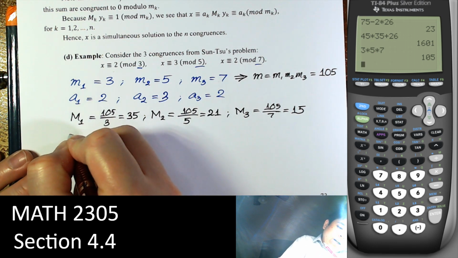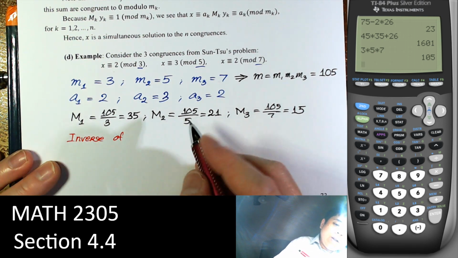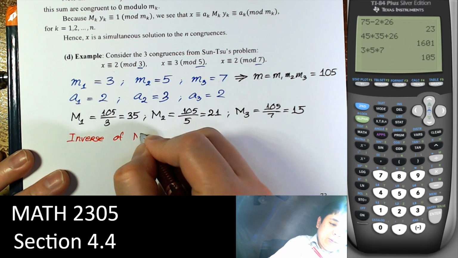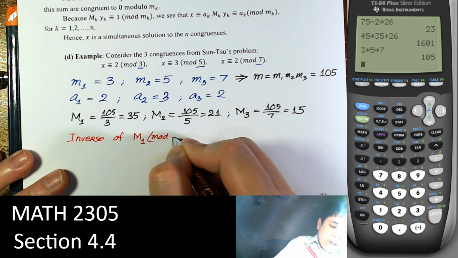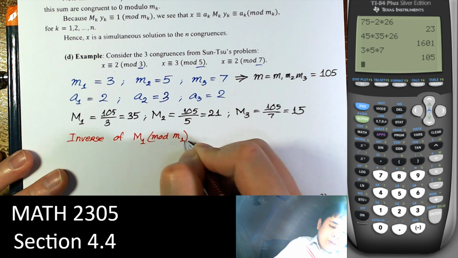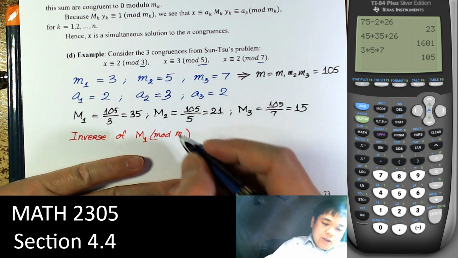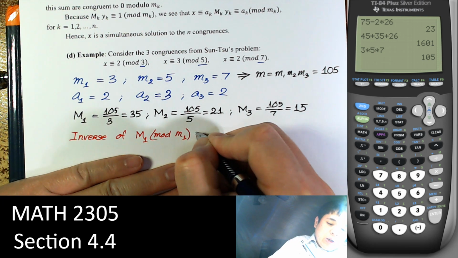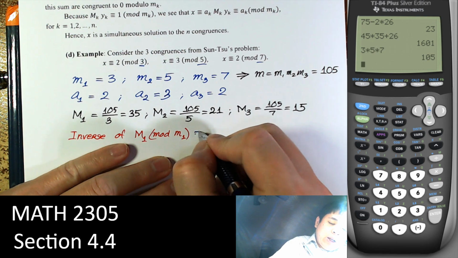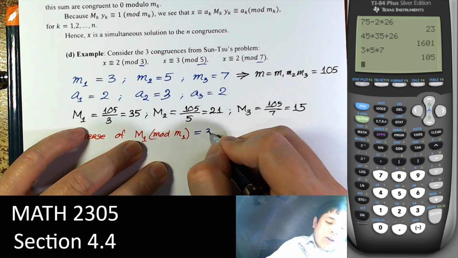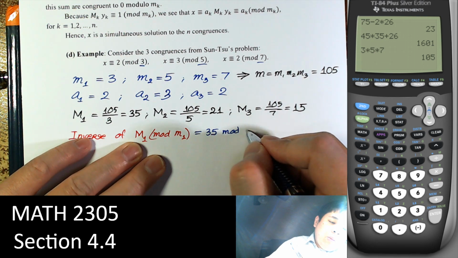So first we say inverse of big M mod little m. So we find the inverse of M1 mod little m1, that is 35 mod 3.